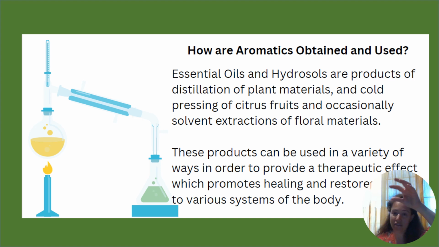Okay, so it's going to eventually find its way down that tube apparatus in the middle of the picture, and then it's going to drop into the Florentine flask. I believe that's the name of it. If we have any biologists or chemists, let me know if I got that wrong. On the other side, that's where the hydrosol and the essential oil are going to be collected.